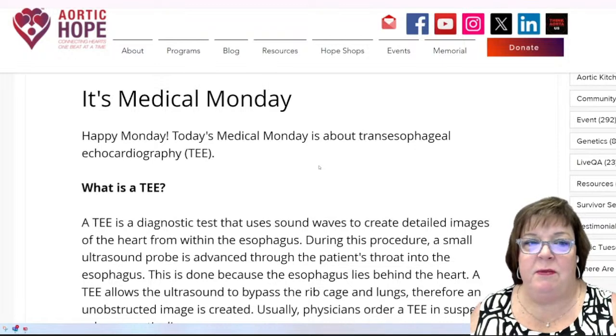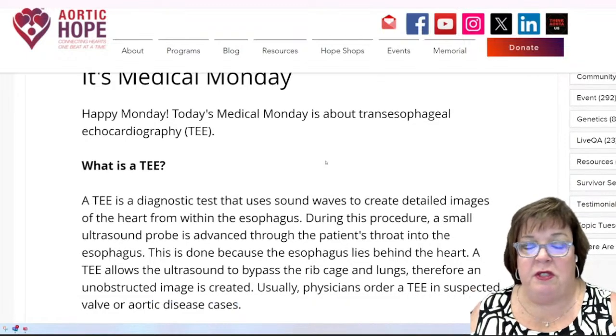Today's Medical Monday is about transesophageal echocardiography, TEE. What is a TEE? A TEE is a diagnostic test that uses sound waves to create detailed images of the heart from within the esophagus. During this procedure, a small ultrasound probe is advanced through the patient's throat into the esophagus.